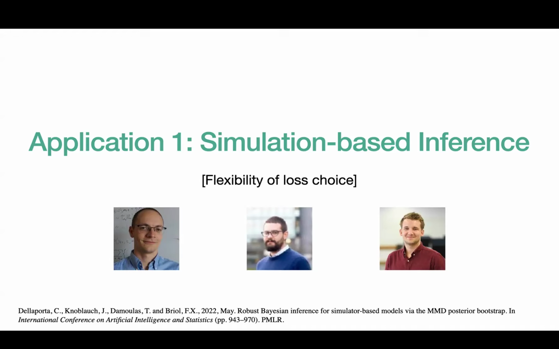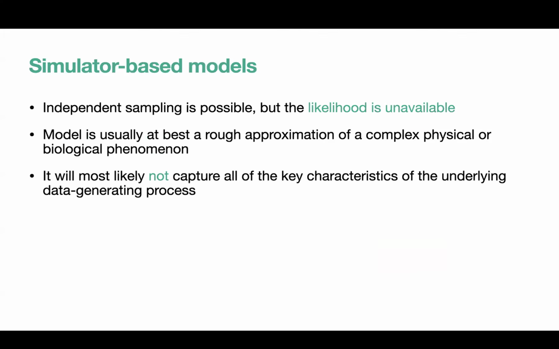So for the first application, it's a simulation-based inference setting. That was work we did with Jeremiah, Thea, and effects. Here, the setting is likelihood-free inference, where we can sample independently from the model, but we don't have an analytical form of the likelihood.